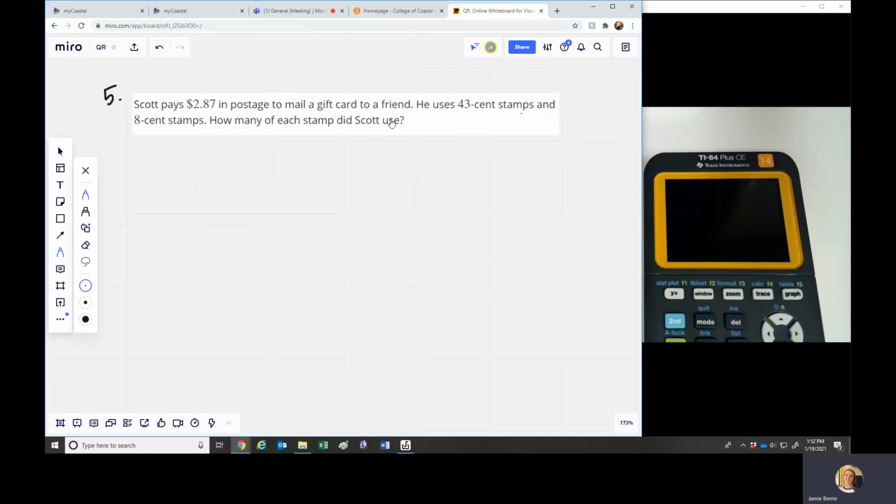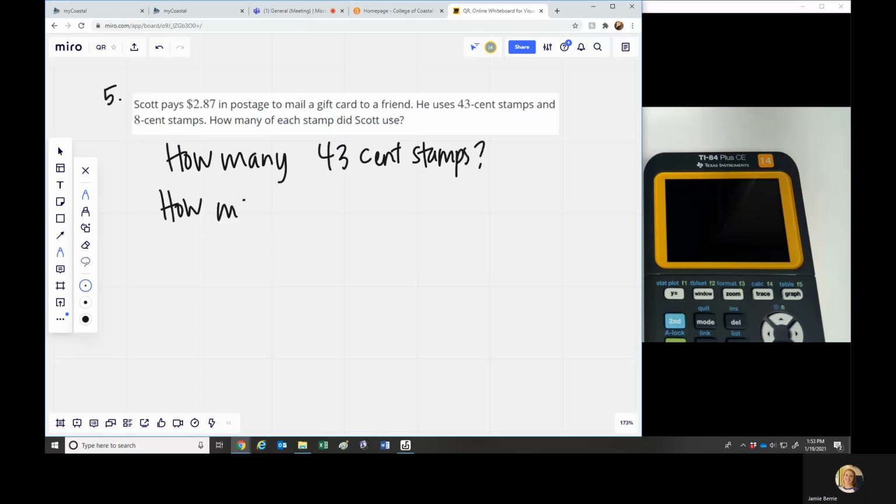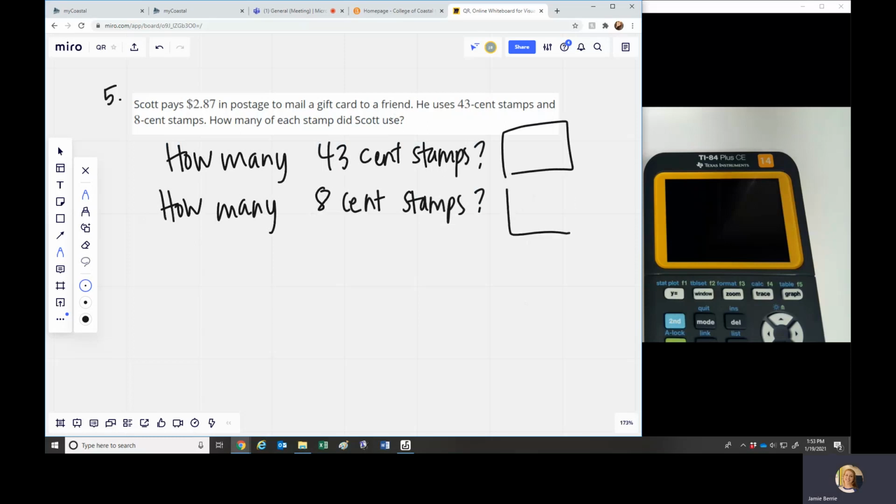It's asking us to find the number of stamps. Okay, so it's asking us to find how many 43-cent stamps and then how many 8-cent stamps. All right, so we'll come back in at the end and fill in these little boxes here.